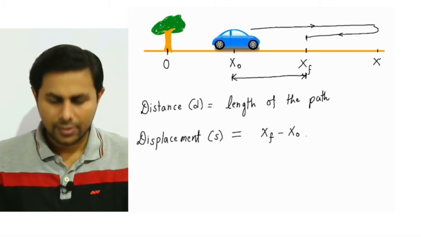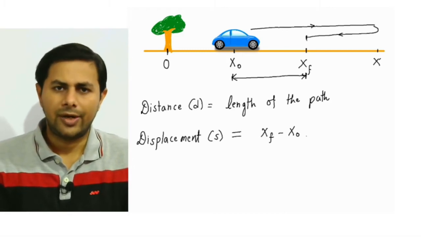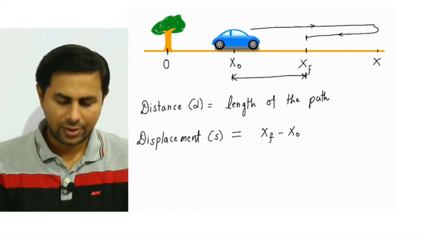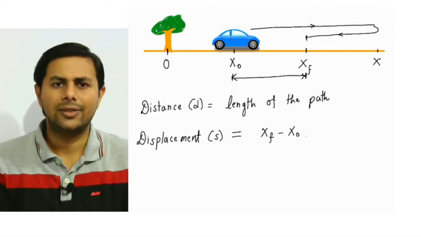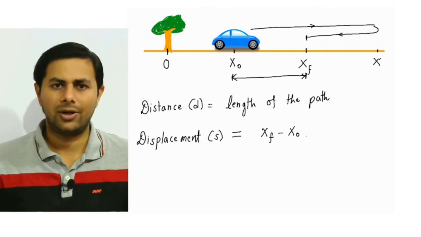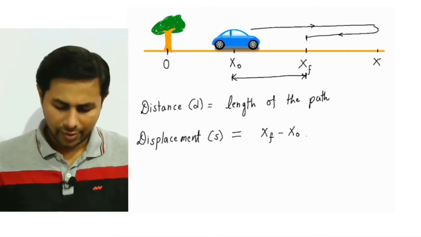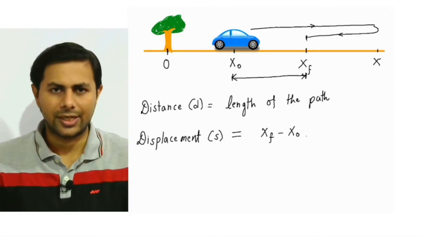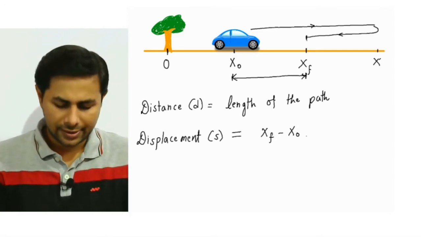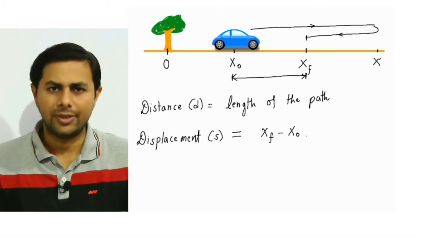Now we might be interested in finding out how fast or slow this car was moving. So for that we need to define a quantity called speed. Okay, so let's suppose the car starts at some initial time, let's say t0, and it stops at final time tf.